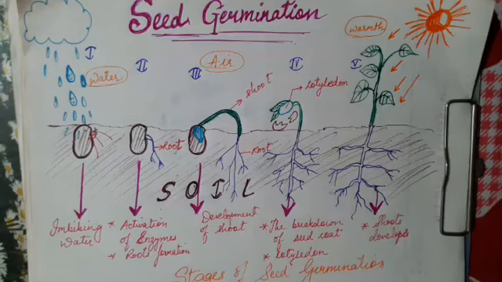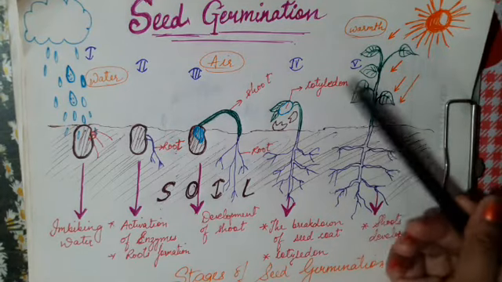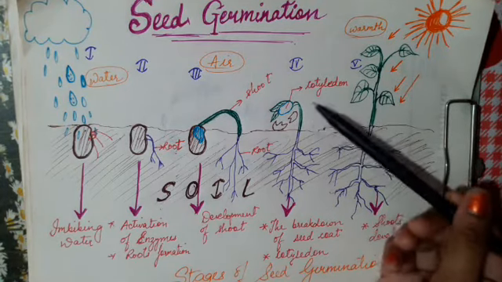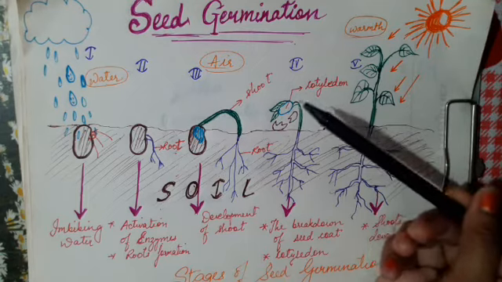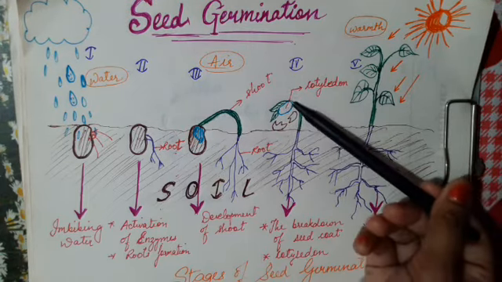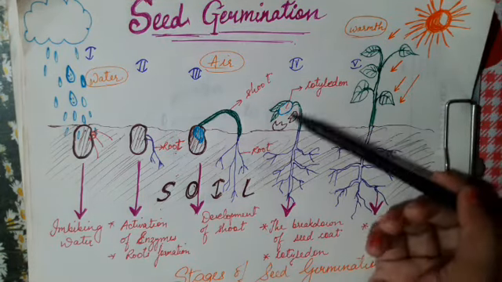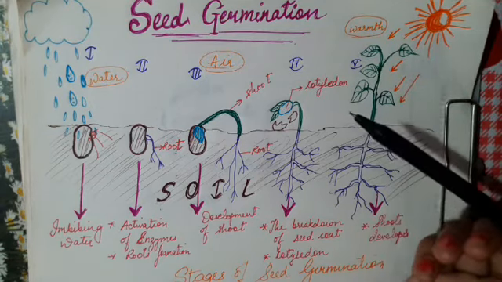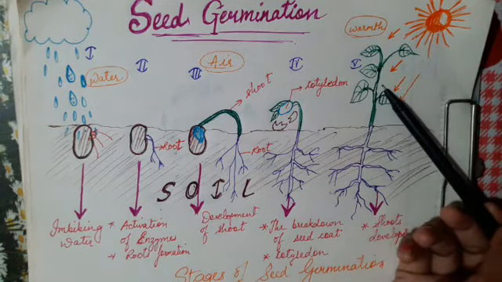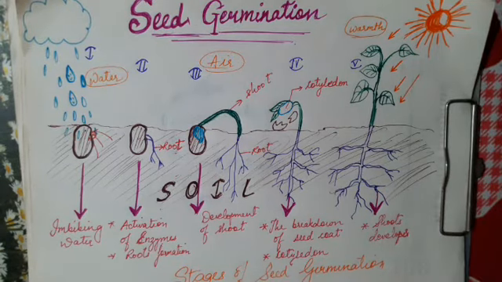Another most important thing to remember is that as the outer covering of the seed breaks, the cotyledon can be seen, and this cotyledon stores the food and helps the plant to grow well. As the plant is growing, this cotyledon is utilized, it shrinks and it completely disappears. Therefore, in the fifth stage, what you see is a well developed plant. So this was all about seed germination.